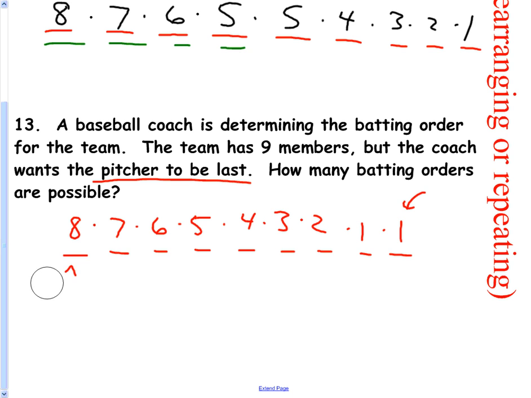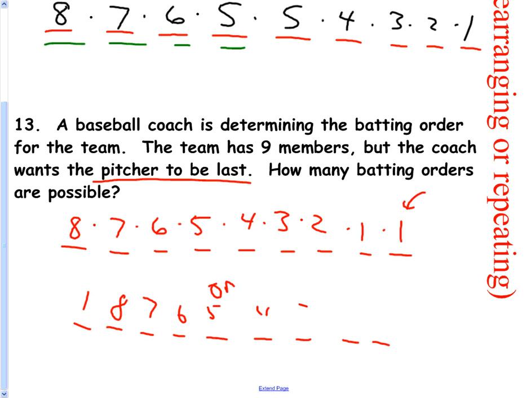All right, let me challenge you with this. What if they had said the pitcher has to either be first or last? What does that word "or" mean again? Adam. So here's the way we just did it, was to put the pitcher last. Then, or we could put the pitcher first. And then there's only 1 choice for that spot. And then there's 8 choices. 7, 6, 5, 4, 3, 2, 1.